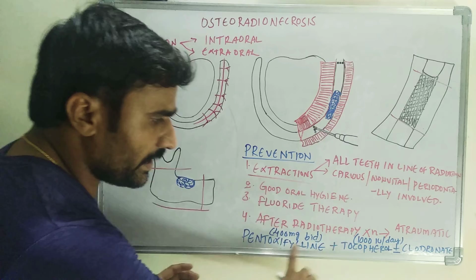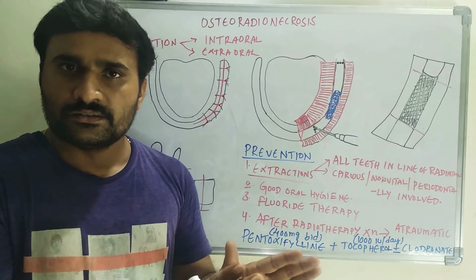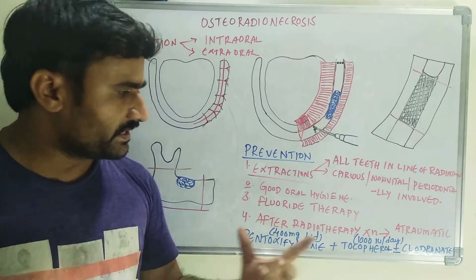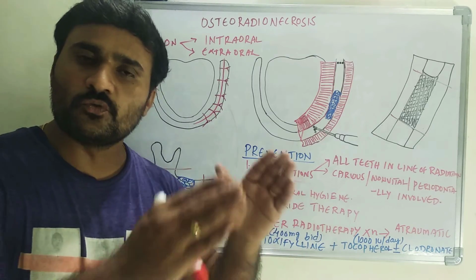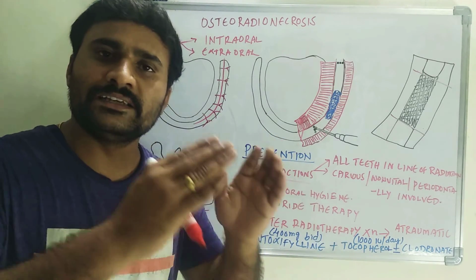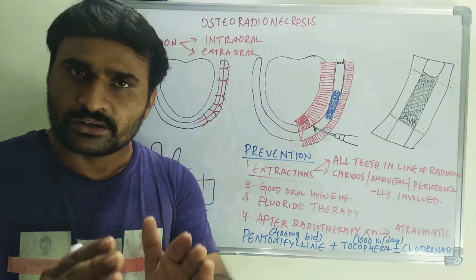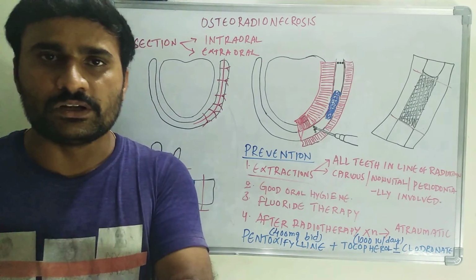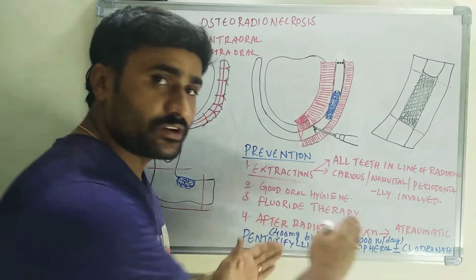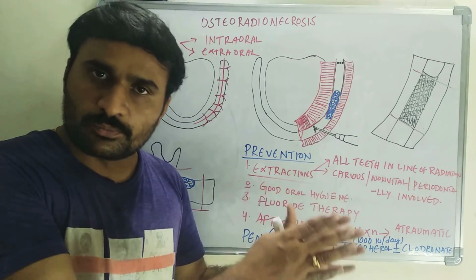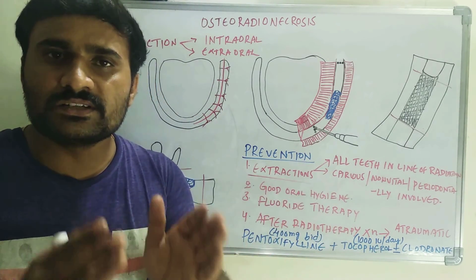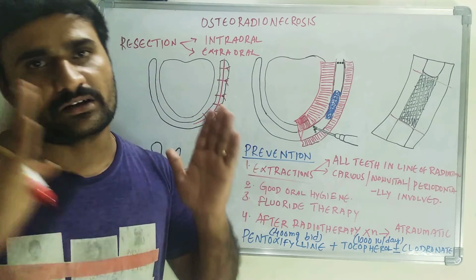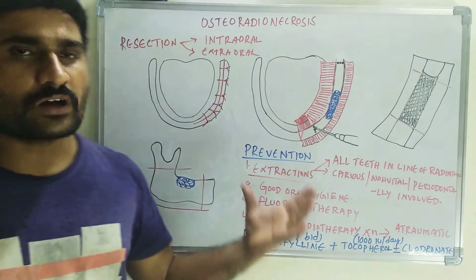This is not a standard thing, but the recent advancement is this. So if you want to go for extraction in an irradiated jaw, in order to prevent osteoradionecrosis post-operatively, we are going to give this drug regimen 1 month before the procedure and after the procedure until the wound healing occurs. So this is all about osteoradionecrosis.